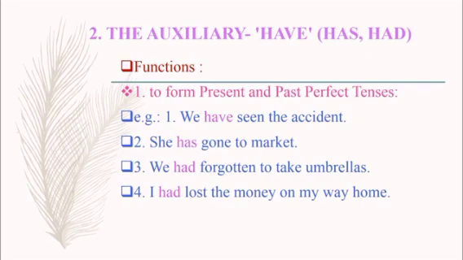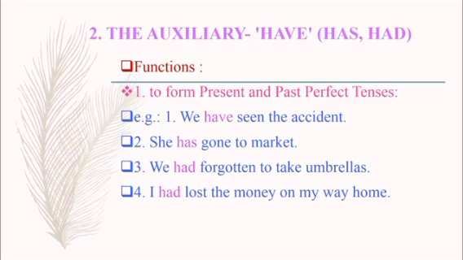She has gone to market. We had forgotten to take umbrellas. I had lost the money on my way home. In these four sentences, have, has and had are forms of the verb have.